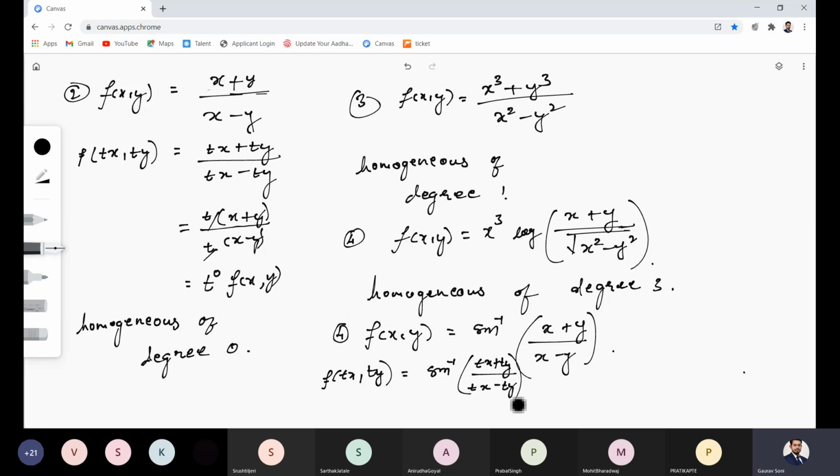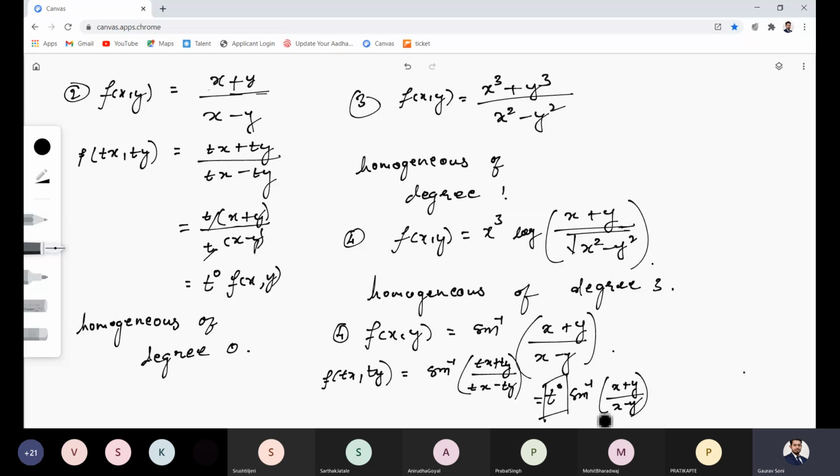tx minus ty. So t from the numerator and denominator will get cancelled out. So that outside I can write as t raised to 0 sine inverse of x plus y upon x minus y. So this is what I require, right? F of tx comma ty is equal to t raised to n f of xy.